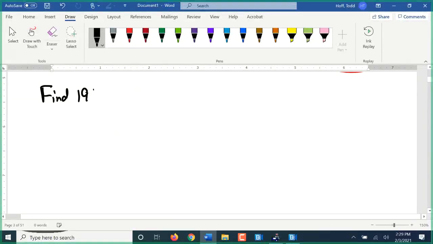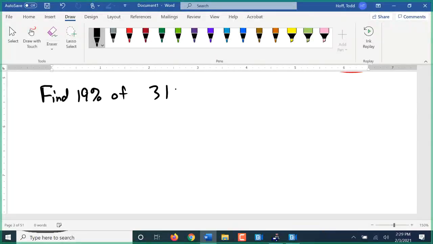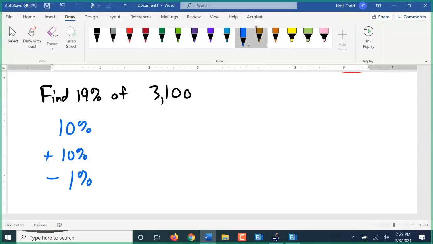I asked you to find 19% of 3,100. I can find a way to write 19 using some of my benchmarks. I have 10% plus another 10% and then minus 1%. That would give me 10 plus 10 is 20, minus 1 is 19%.